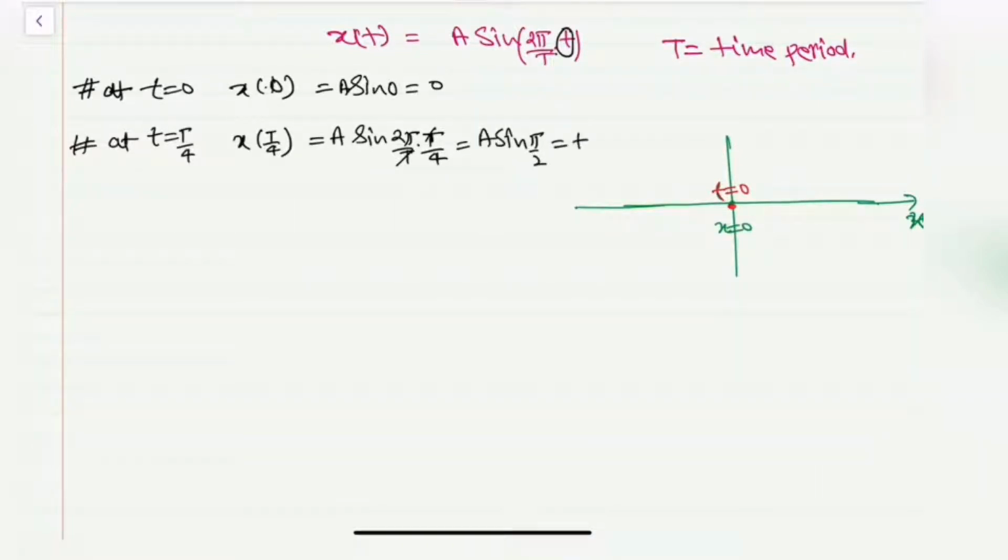That is, it equals plus A. It means at t = T/4, the particle is at this position. Okay, initially it was at t = 0. How will it go? First it will go like this, it will move like this in T/4 and reach over here.